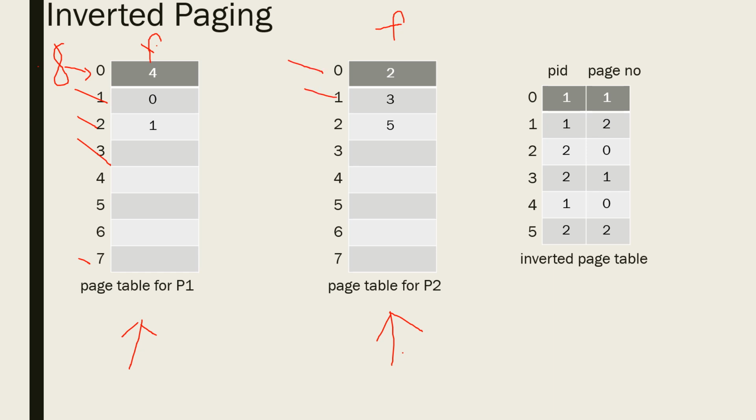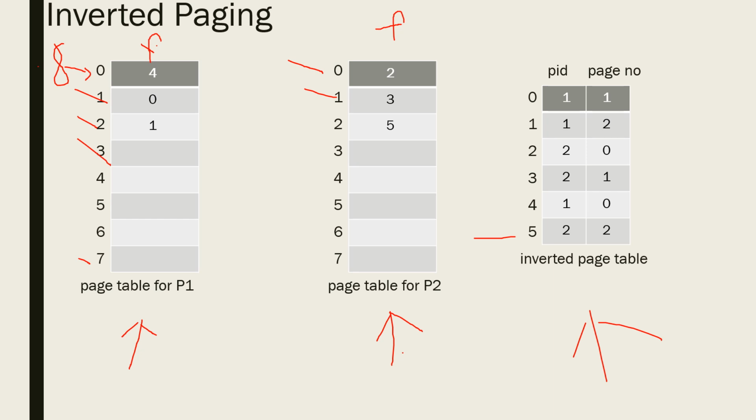Now rather than having a separate page table for each process, we can have an inverted page table. This is going to keep track of all frames available in physical memory. So let's assume there were only 6 frames in physical memory, which means there will be 6 entries in the inverted page table.